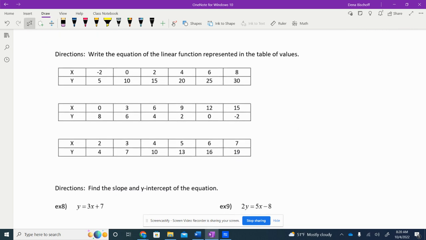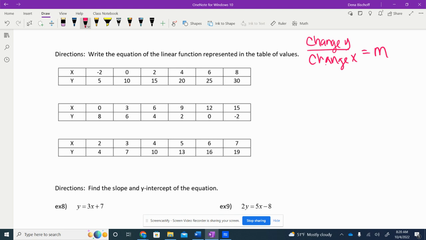Now we're going to write an equation using a table. So I'm going to tell you 2 things. The first thing is that we're going to have to count the change in y over the change in x from our table to find our slope.